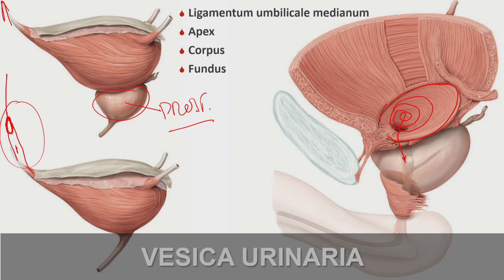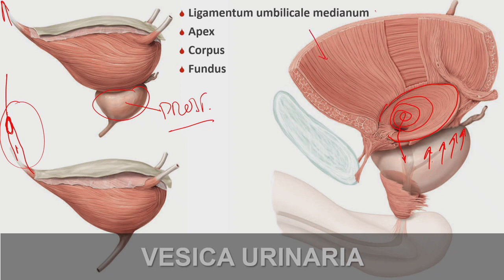The arrangement of muscles is important because if there is an increased size of the prostate, and prostate problems in elderly males are very, very frequent, the outflow of urine is not such an easy process as in a younger male.